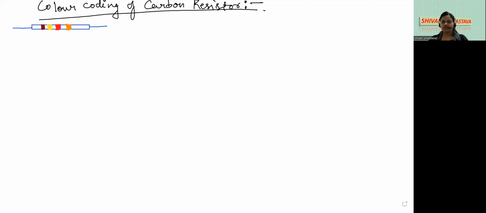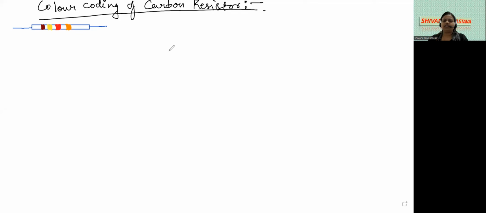So today we are going to discuss the color coding of resistors. We know that the resistance of a resistor varies with temperature. So for practical or laboratory use, we can't use resistors made of a plain substance.